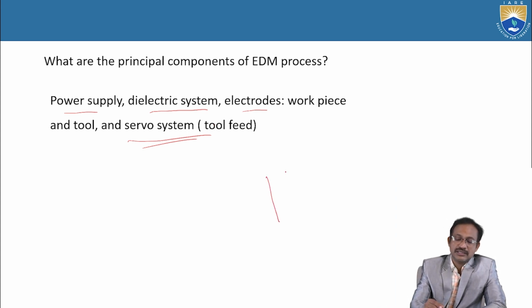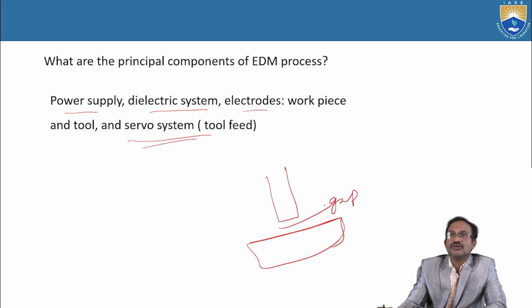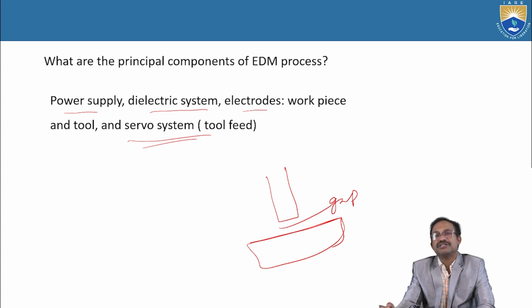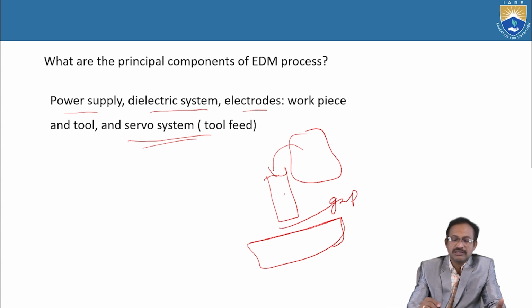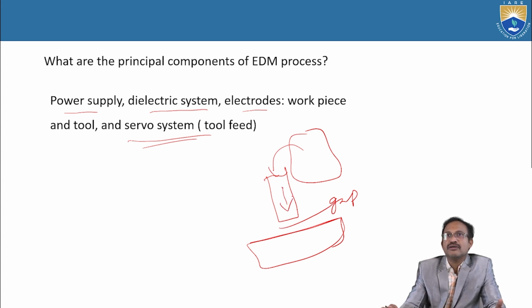Already we have discussed, this is tool, this is workpiece, and this is the gap. In order to maintain a constant gap between the workpiece and tool, to have maximum efficiency and good surface finish, a servo feed mechanism is set up here, to gradually lower the tool towards the workpiece.